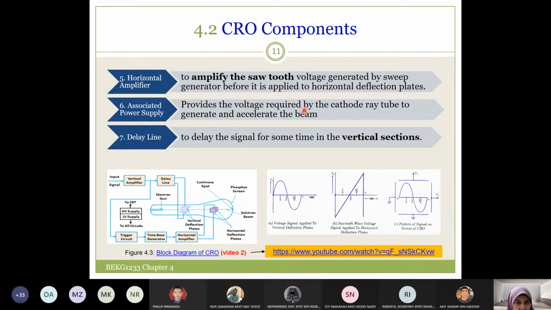Power supply provides the voltage required by the cathode ray tube to generate and accelerate the beam. The delay line delays the signal for some time in the vertical section, so that it reaches here together with the horizontal section.